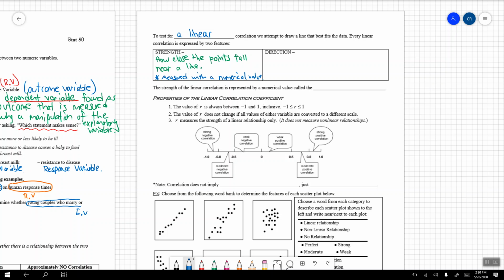No, we want to make sure that we're able to back up our arguments using math. So we typically look for a numerical value that shows us the strength of this correlation.